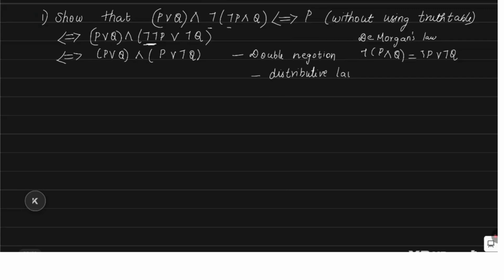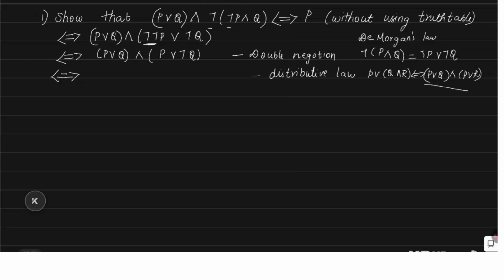According to the distributive law, if you have P or (Q and R), you can write it as (P or Q) and (P or R). Now you have this part, and you go for the reverse.